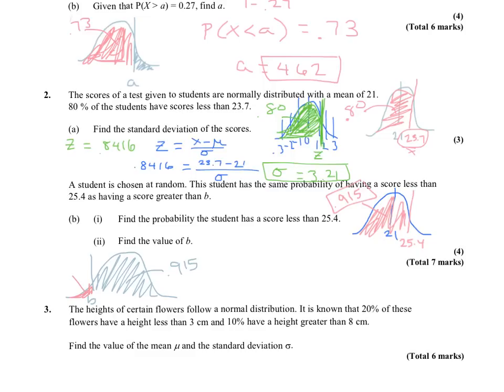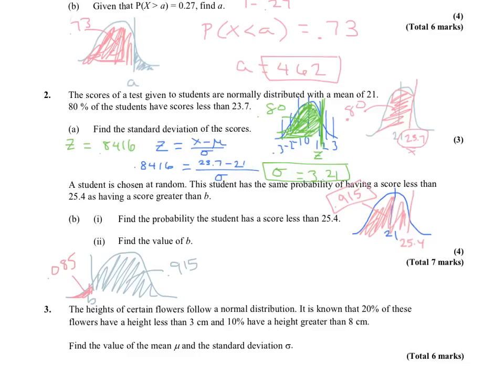So I'm going to do 1 minus 0.915, taking the complement. That gives me the area to the left is 0.085. Now I can go into my inverse normal, put my area as 0.085, my mean as 21, and my standard deviation as 3.21.